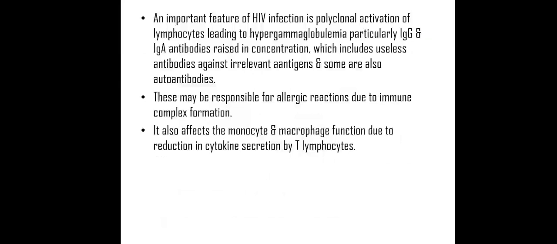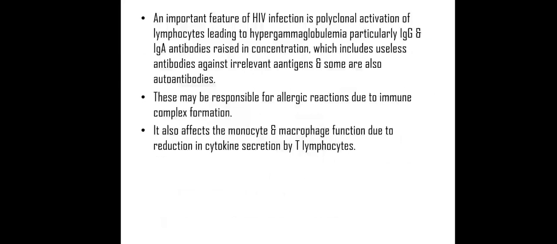An important feature of HIV infection is the polyclonal activation of lymphocytes, which leads to hypergammaglobulinemia. Particularly, there will be an increase in the concentration of two specific types of antibodies, IgG and IgA, which include useless antibodies against irrelevant antigens.